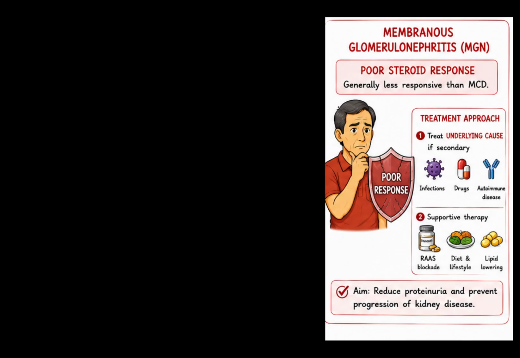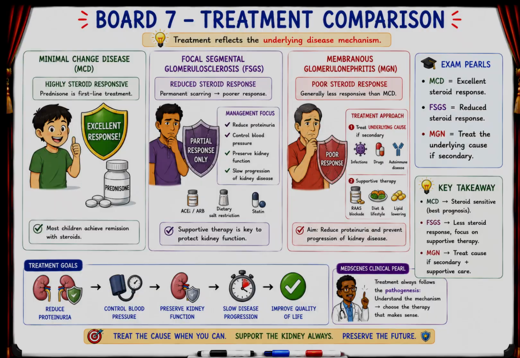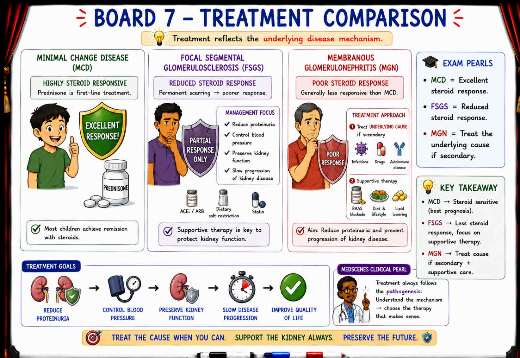MGN requires treatment of the underlying cause when secondary, together with supportive therapy. The steroid response is generally poorer than in MCD. For examinations, remember this: MCD, excellent steroid response. FSGS, reduced steroid response. MGN, treat the underlying cause if secondary.